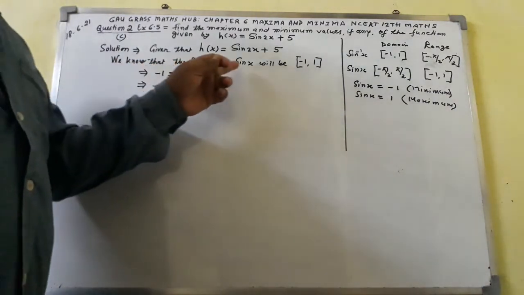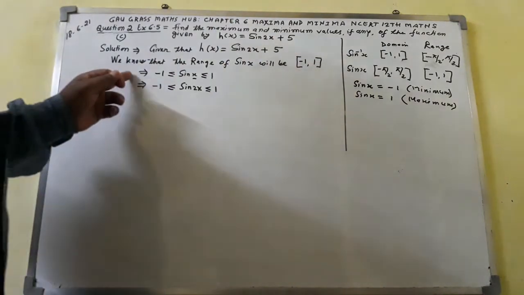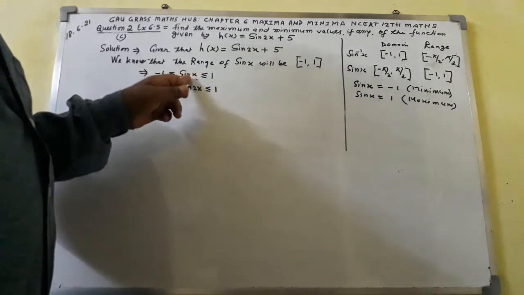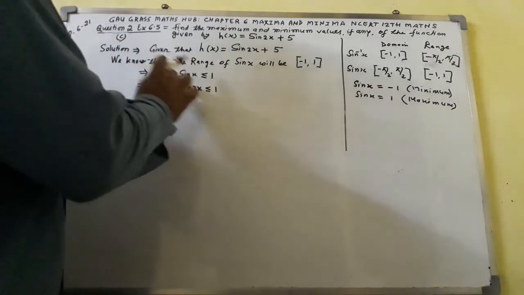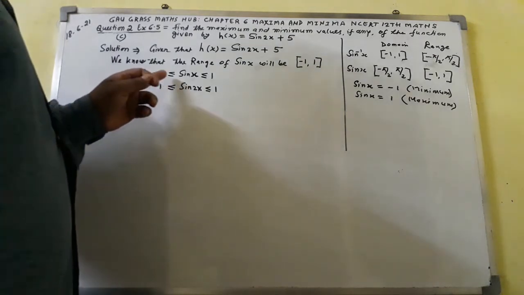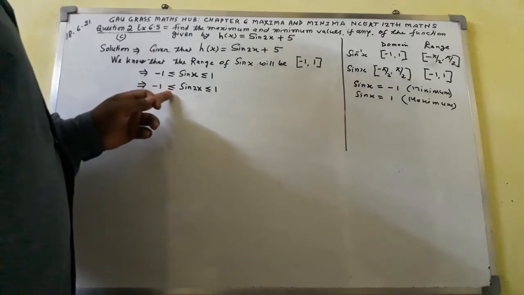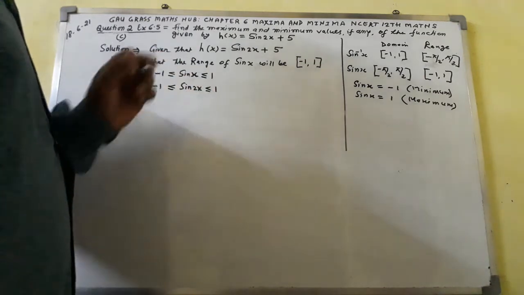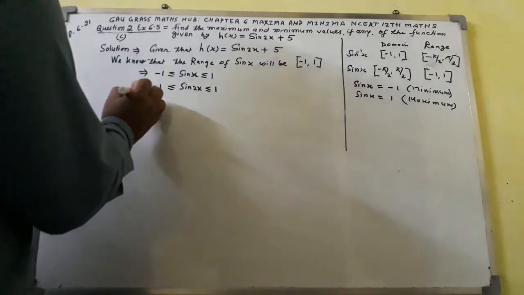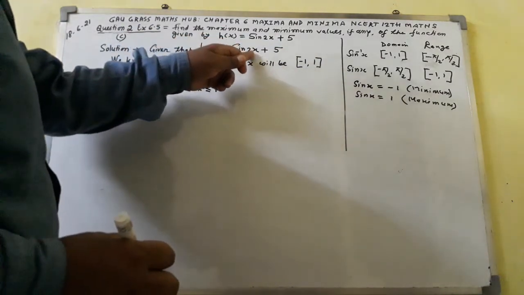So we know that the range of sin x will be the closed interval -1 comma 1. This implies -1 less than or equal to sin x less than or equal to 1, which implies -1 less than or equal to sin 2x less than or equal to 1. So what to do in this case? Here you can see sin 2x plus 5.